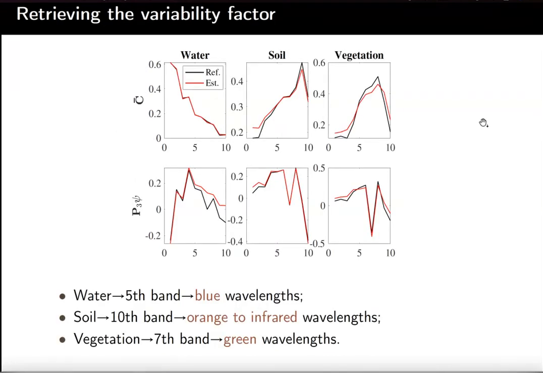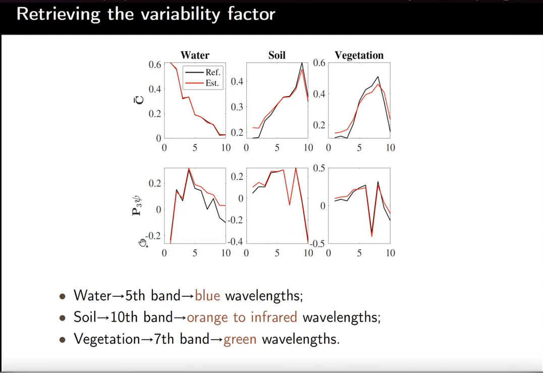If we have a closer look at the variability model, we can also recover the variability factor. That gives us some idea of which spectral bands in the images are more corrupted by the variability. This figure shows us that we can correctly recover the degraded spectral signatures that contain some variability, but also the degraded variability factor itself.